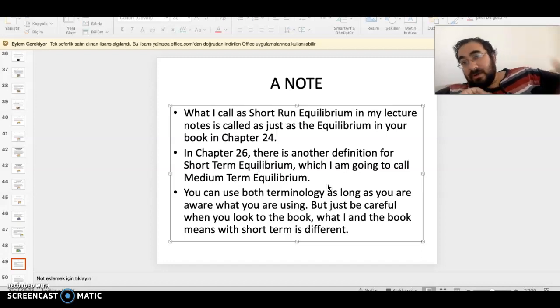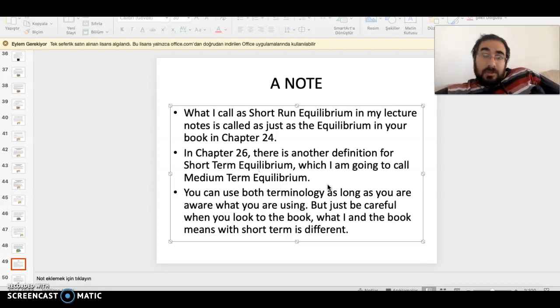So just note that long run might be different in the growth chapter and here. In this lecture, we also don't go to the long run. We have short run equilibrium, and that's our end horizon.